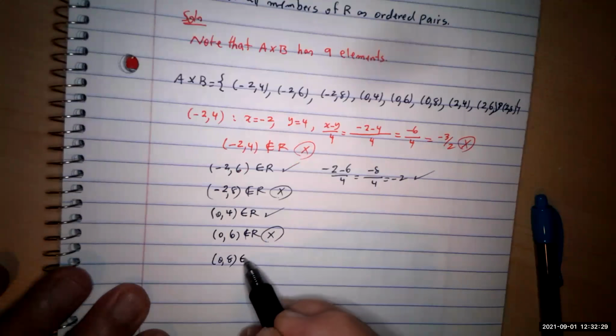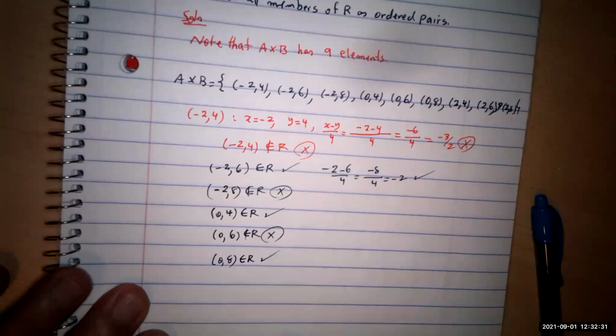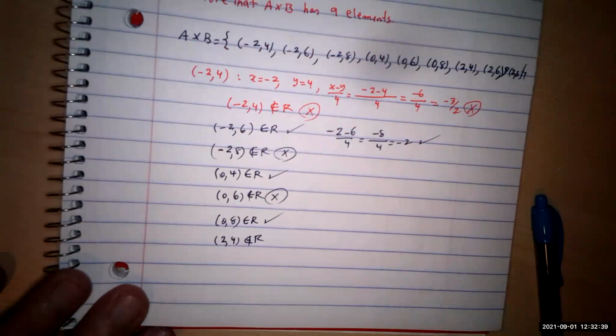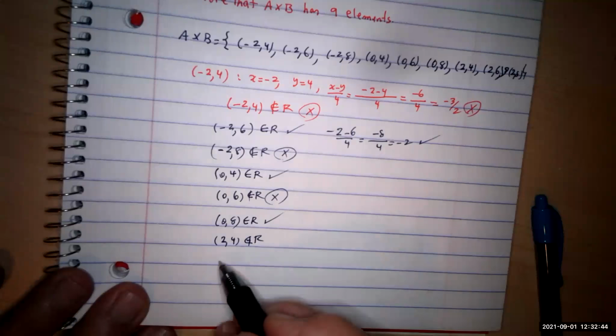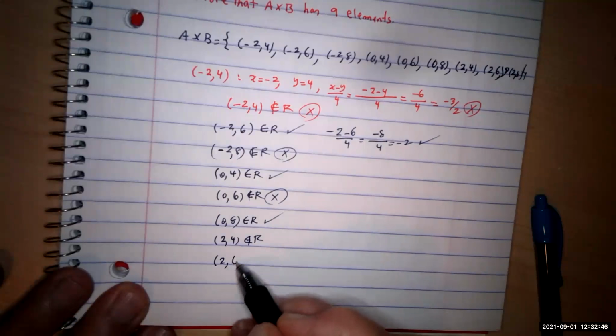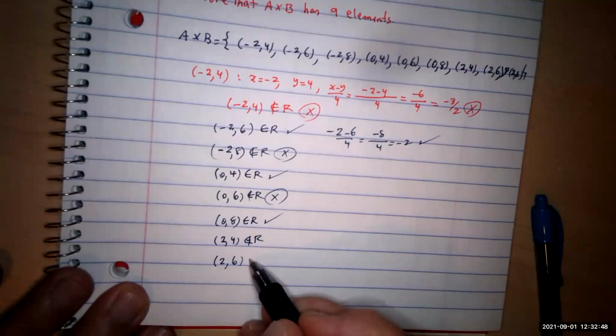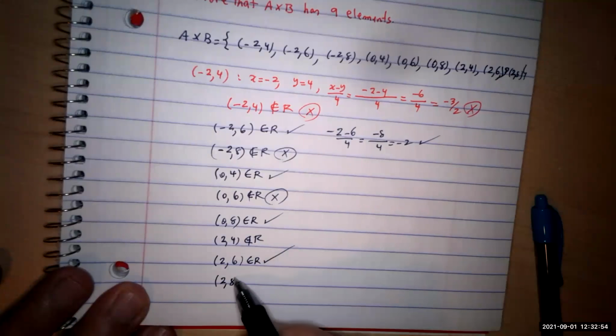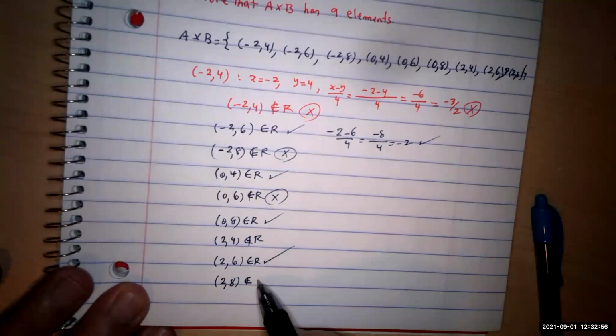It is divisible. 2 and 4 is not, because the difference is 2. Let's just explain it. 2, 6 is a good one because the difference is 4. And the last one is 2, 8. It's not a good one because the difference is 6.